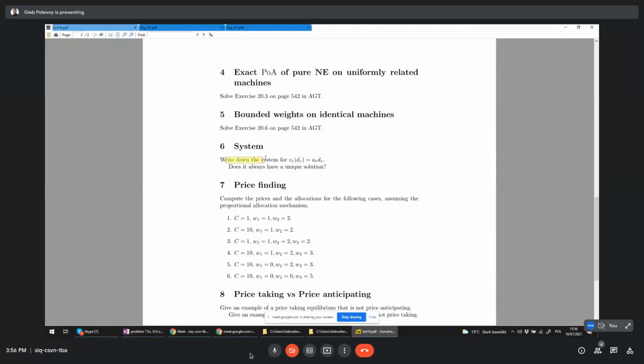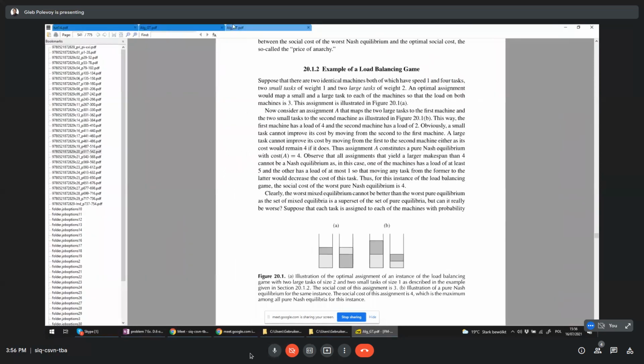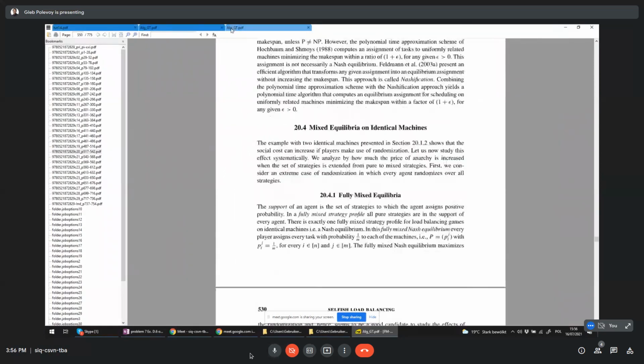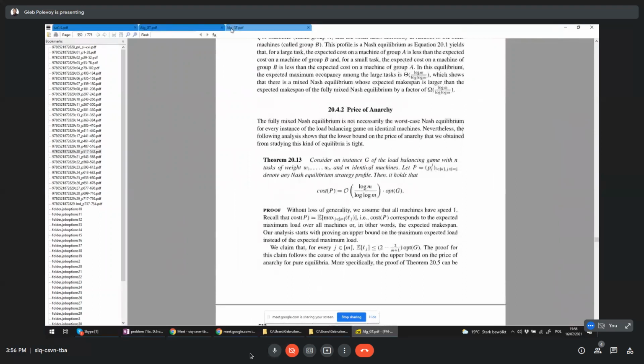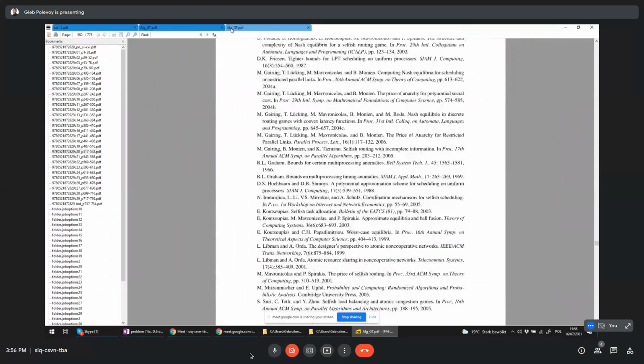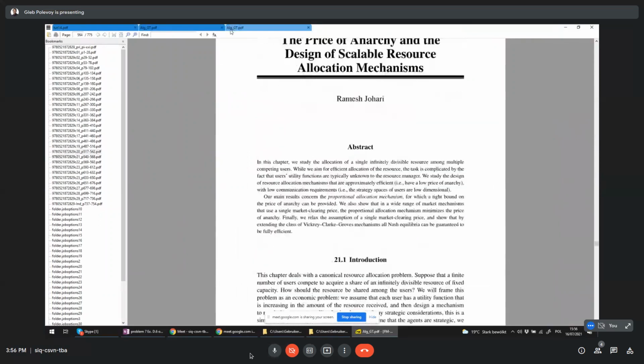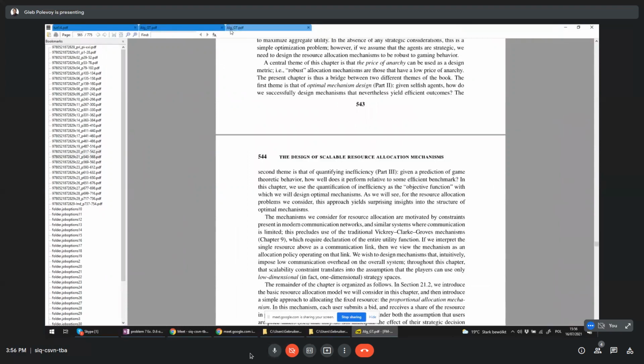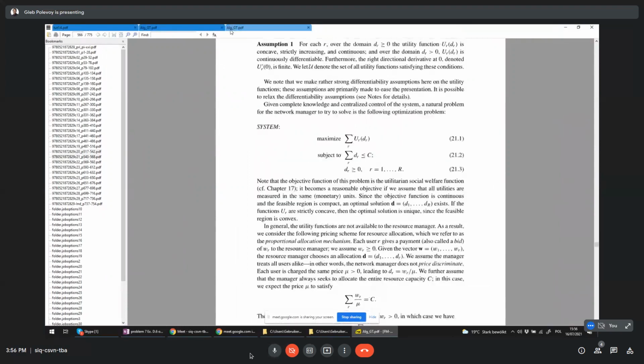I remind you of the system, and let's go to the book, because it's nice if you can see not only the lectures but also the book. You don't have to have read the book, but you're welcome to read it.